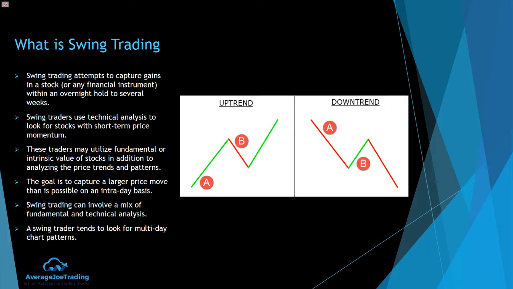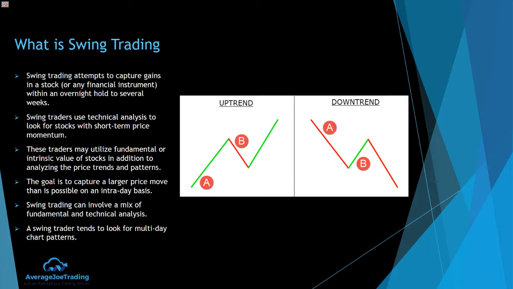Swing traders use technical analysis to look for stocks with short-term price momentum. We don't really get too deep into fundamentals with this type of swing trading. Now, if you're going to hold a stock several weeks or several months, then yeah, you need to dig into the financials and really get into the fundamentals. But for me and what I do, the only fundamentals I really dig into will be the news.